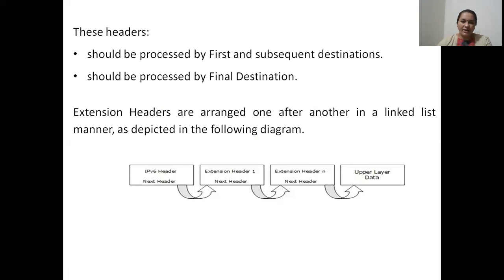So extension header 2's next header will contain the address of extension header 3. So this will continuously go until the extension header n. The extension header n contains the next header field which will have the address of the upper layer data. So this is how the extension headers are arranged in a linked list manner.